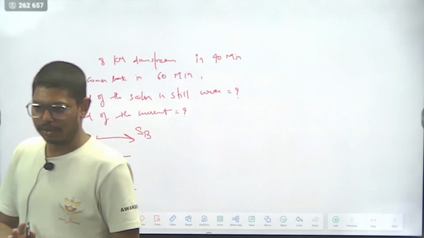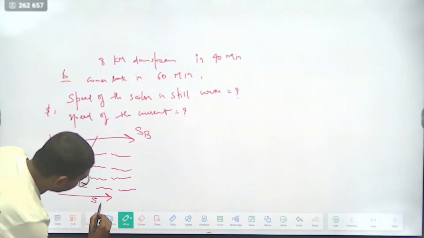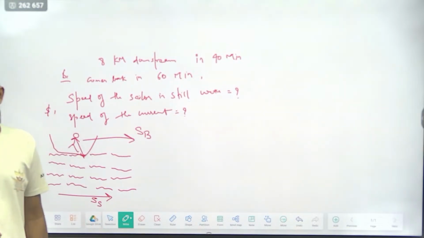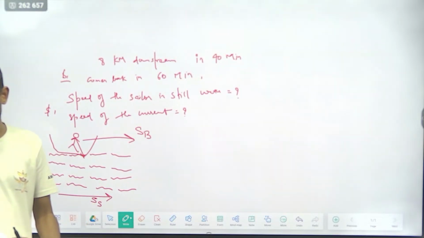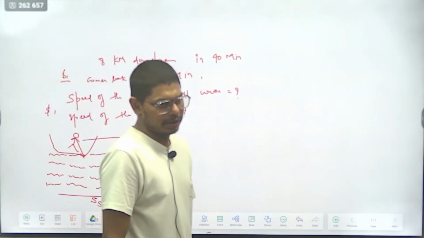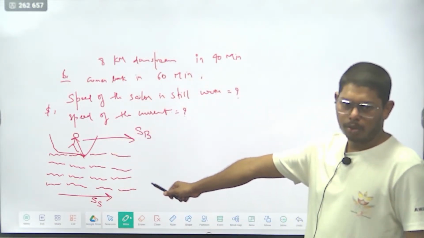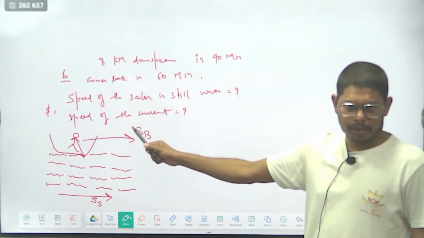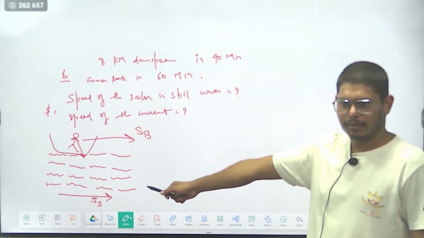The stream itself will have some speed, some force. If this force is in the same direction, what will happen? The net speed will be added or reduced? Added, right?